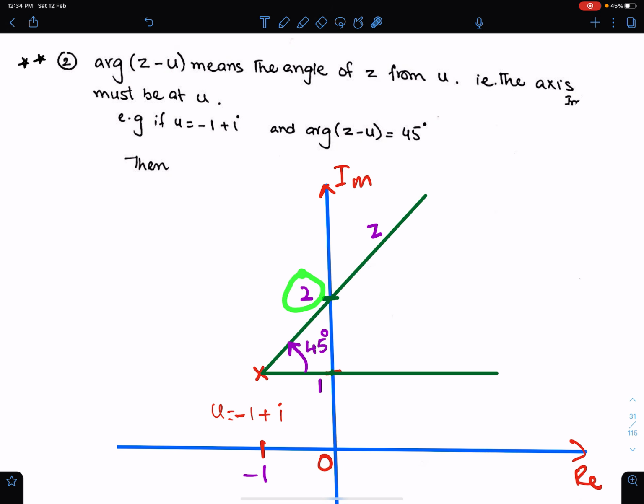You have to mention this in exam. And z lies on this line, anywhere on this line. And this is the line of argument z. And this angle is argument z minus u.